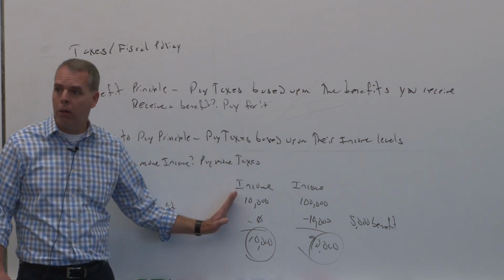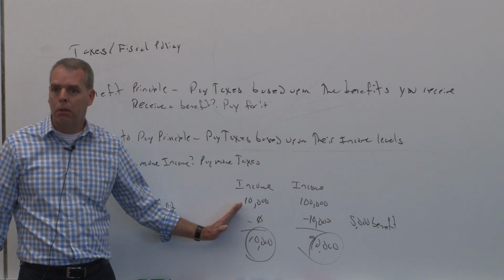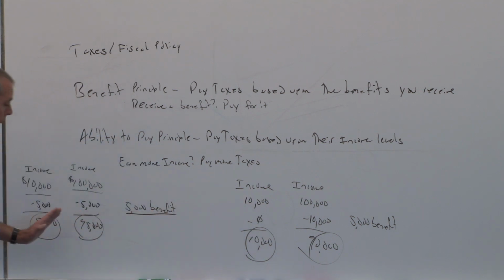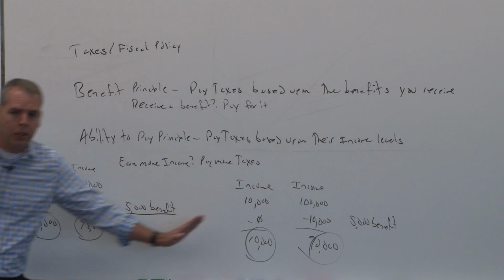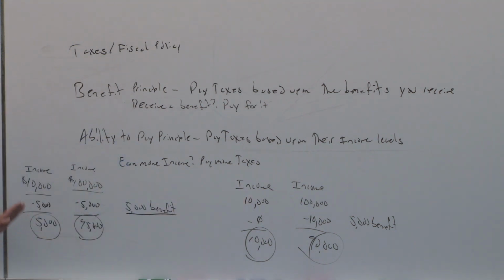Are there people here who think this is unfair? I agree, there's at least one person here that thinks this is unfair. I'm telling you that there is, you're just not willing to raise your hand. Are there people here who think this is unfair? Totally. So which is fair?